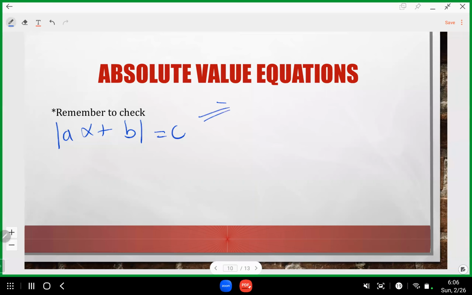That implies that ax + b is going to be equal to plus or minus c. It's either equal to -c or +c. Then you can solve and you're going to get 2 solutions. But another big thing here is to remember to check, because one of those solutions might not work when you plug it back in. So make sure to check.